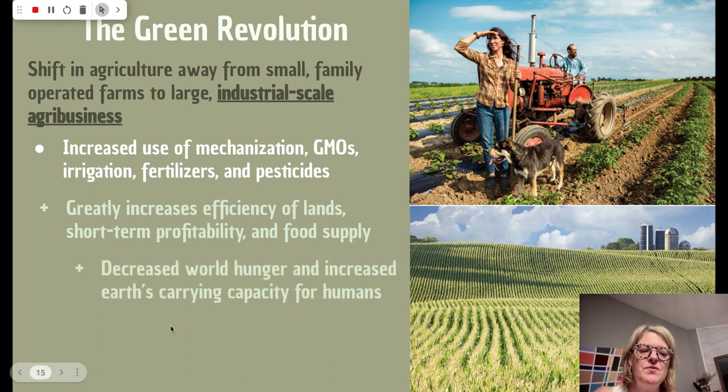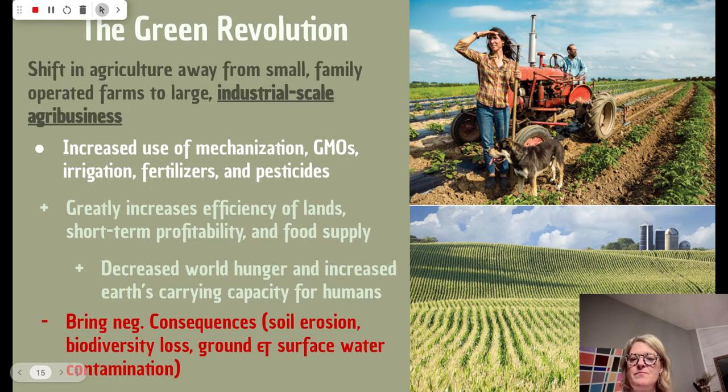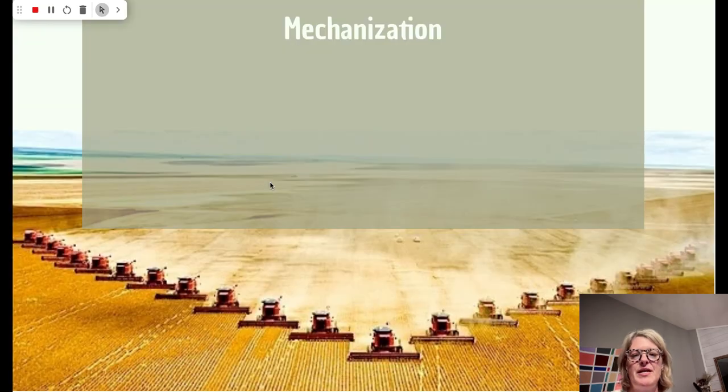So the good news is that it actually decreased world hunger, and it increased our Earth's carrying capacity so that we had more resources to provide for our exponential growth of humans. The negative consequences that came along with this included soil erosion, biodiversity loss, and ground and surface water contamination. And so we'll talk about each of these things.